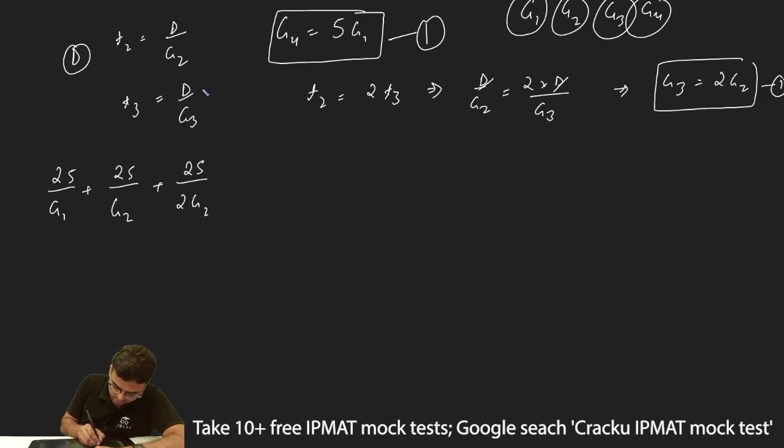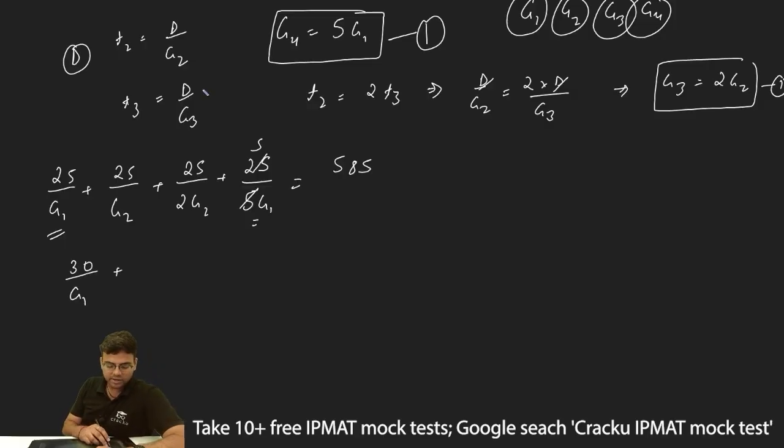So 25 by G3, where G3 I can write as 2G2, plus 25 by G4, where G4 can be written as 5G1. This is equal to 585 minutes. If I further solve this, 25 upon 5G1 plus 25 upon G1 will be equal to 30 upon G1, plus 25 upon G2 can be written as 50 upon 2G2, plus 25 upon 2G2.